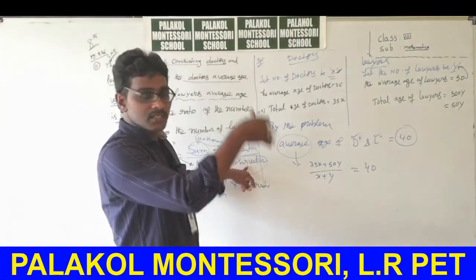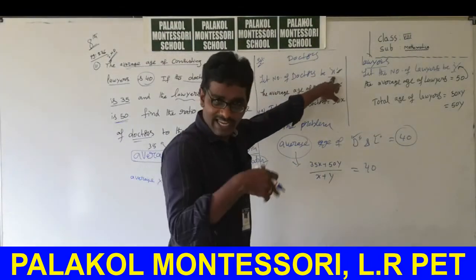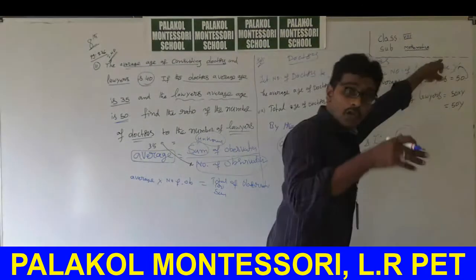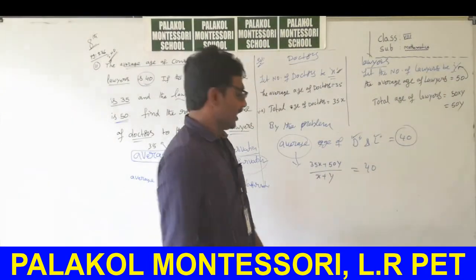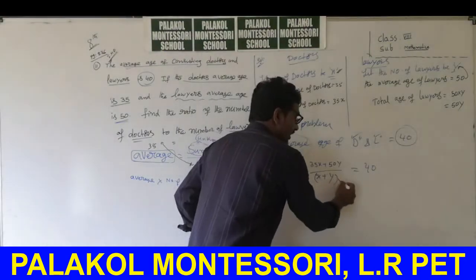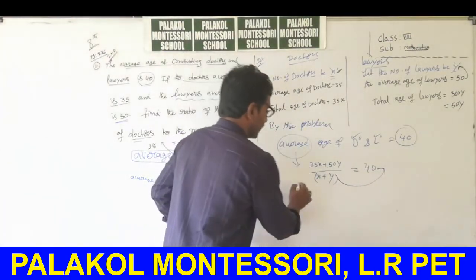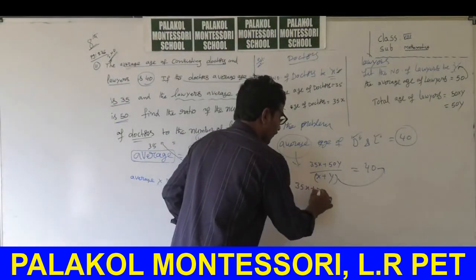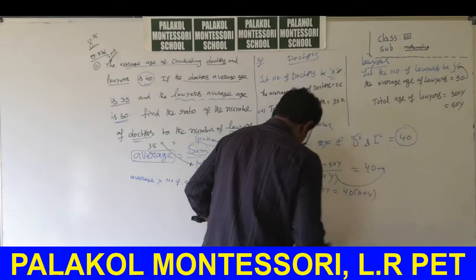Here in this case, daughters and lawyers. So the number of daughters how many? X. The number of lawyers how many? Y. So x plus y is equal to 40. So this term totally sent that side. It's acting as a divisor here. 35x plus 50y equal to 40 of x plus y.